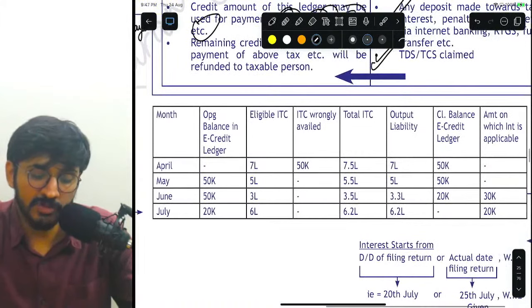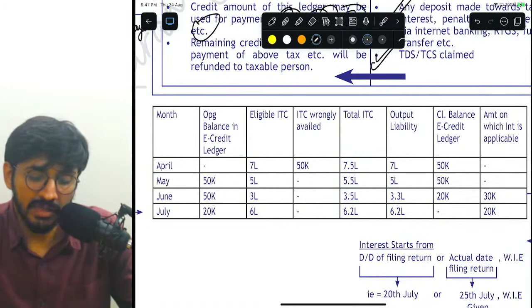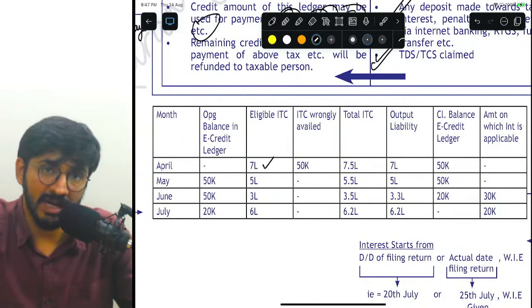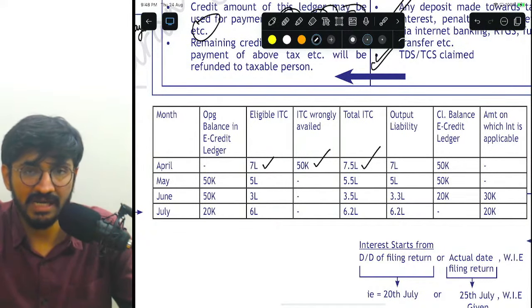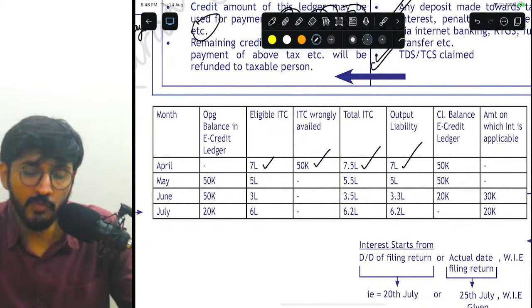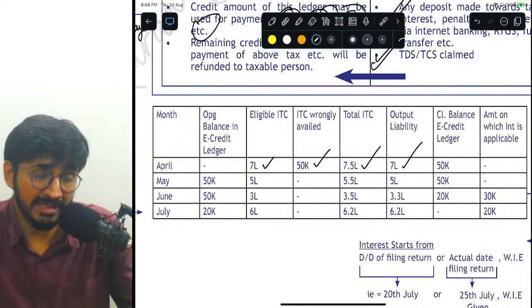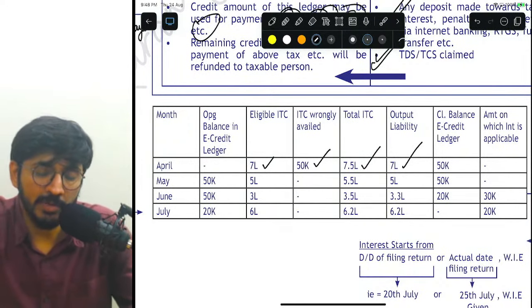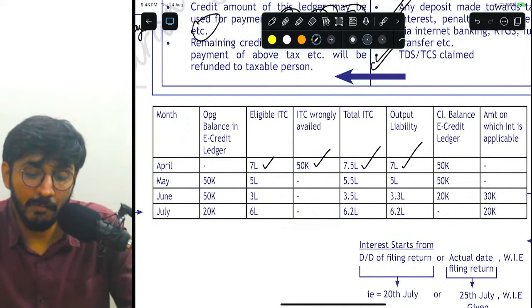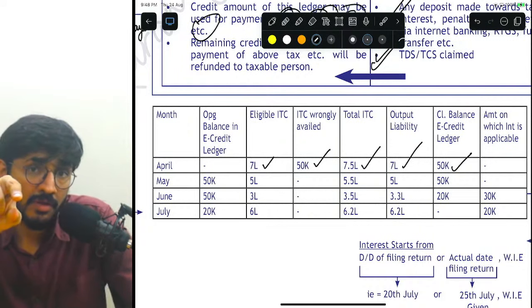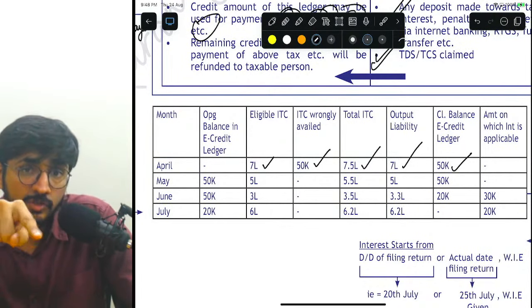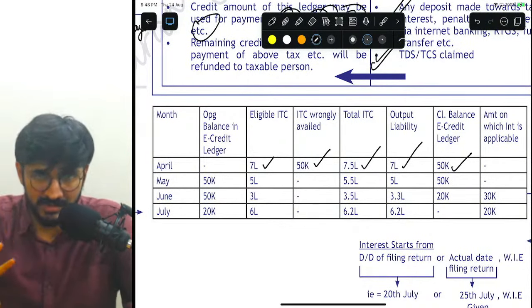For example, for the month of April, the eligible ITC was 7 lakhs. ITC wrongly availed was 50,000. So the total ITC was 7.5 lakhs. Output tax liability lands up to be 7 lakhs. So the balance in the e-credit ledger is 50,000, which is exactly the amount of ITC wrongly availed but not utilized.